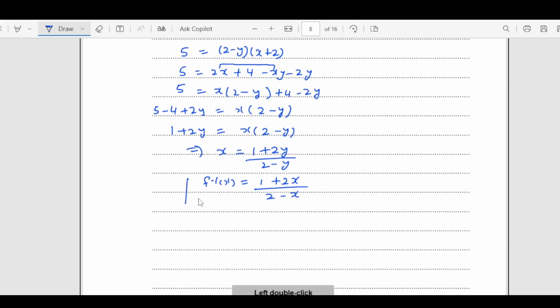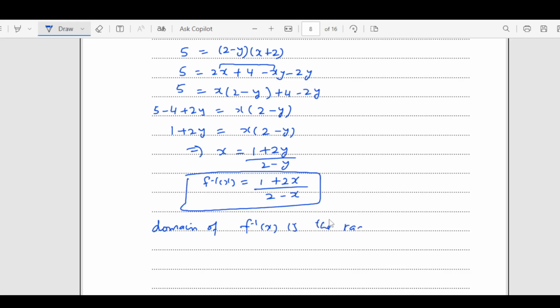As this is our f inverse x, we are now looking for the domain. We know that the domain of f inverse is the range of f(x). What was the range of f(x)?